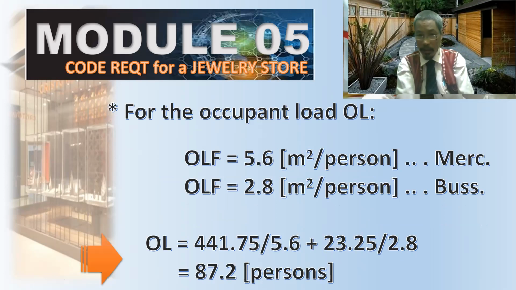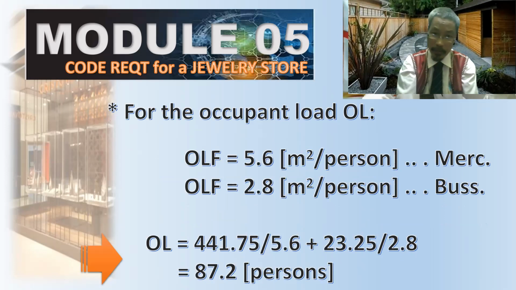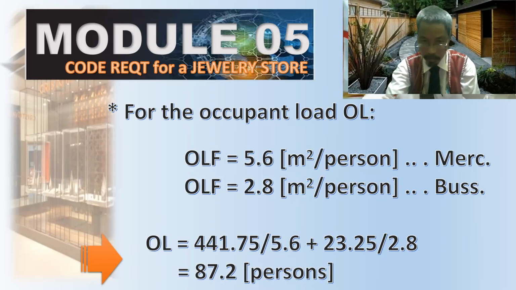Okay, you can also decide 87 or 88, but since there is no fractional number of persons, we can use 88 or 87. So for me, I would use 88. Okay? That is our occupant load.